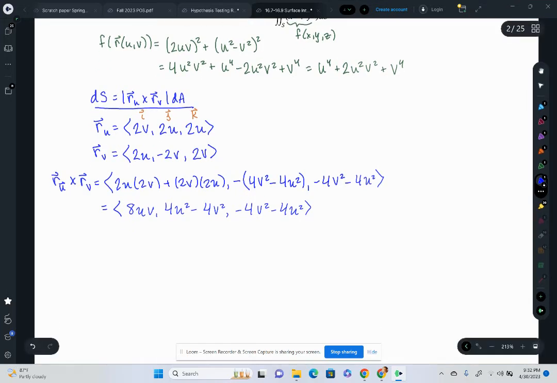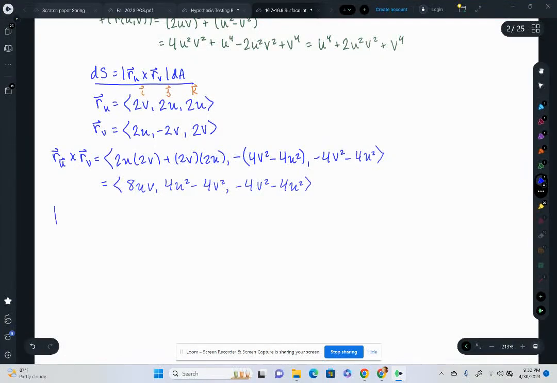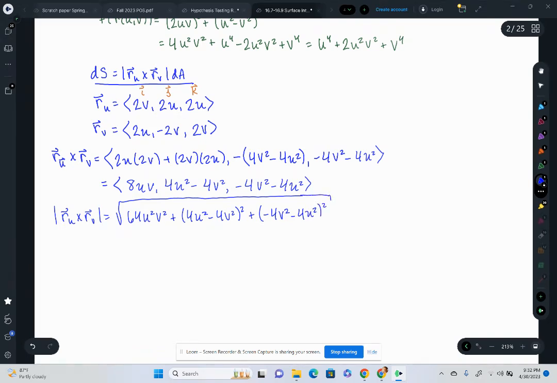Not done yet. Now I need to get the magnitude of that. To get the magnitude of my cross product, it's going to be the square root of a whole lot of stuff. Squaring the first term gives me 64u squared v squared, plus 4u squared minus 4v squared all squared, plus minus 4v squared minus 4u squared all squared.